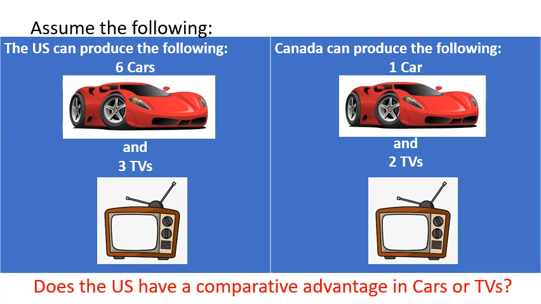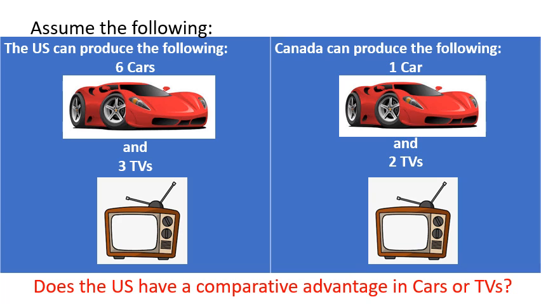All right, so we just looked at absolute advantage. Fairly straightforward. We're just comparing the amount of something that one country can produce compared to the amount of that same product that another country can produce. The country that can produce the most has an absolute advantage. Now that's a little bit different than a comparative advantage.